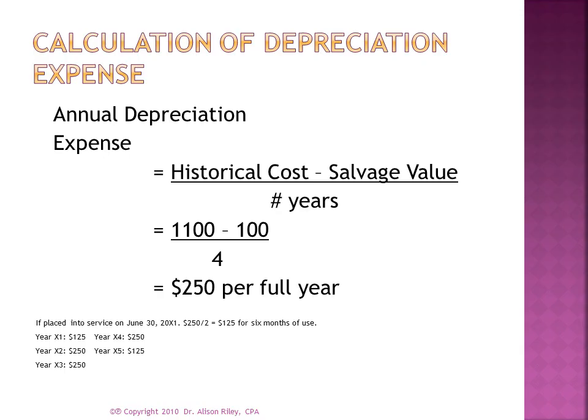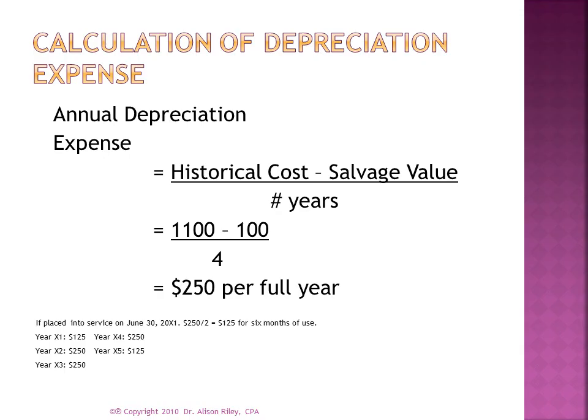The expected useful life is our estimate of the time period during which we anticipate that the asset will help us to generate revenue satisfactorily. As you can see, the calculated depreciation expense is $250 for each full year. This method of calculating depreciation expense is called the straight line method and allocates the cost of the asset into expense evenly over time.